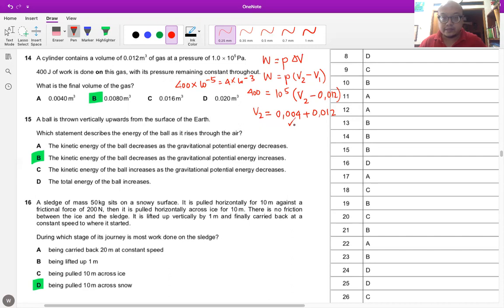This is correct. Plus 0.012, this is 0.016 meter cubed. Yeah, 14 is B.